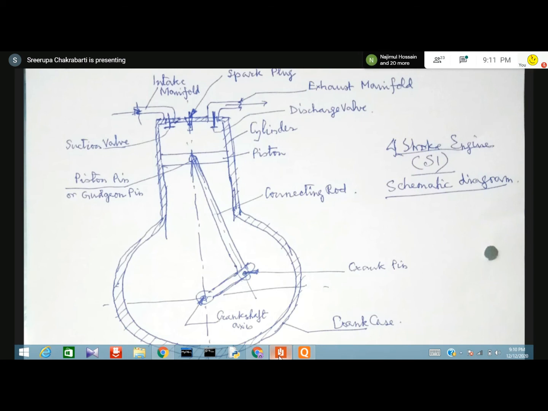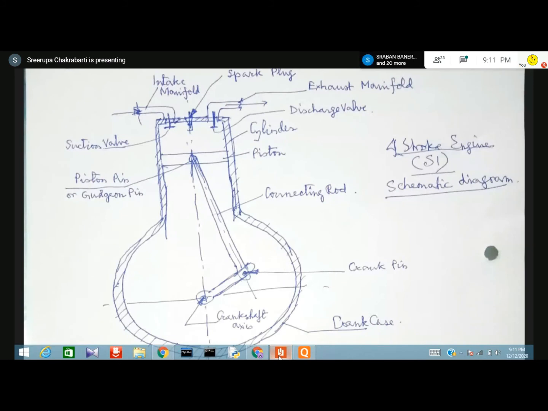If we have a higher compression ratio, the chance of autoignition or detonation increases. That is the reason why we have limited our compression ratio up to a certain maximum value. We cannot go beyond that.